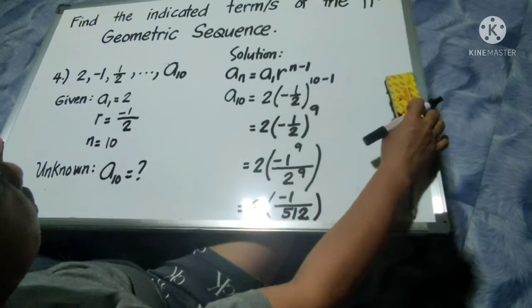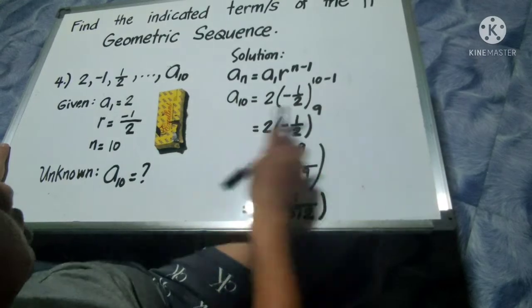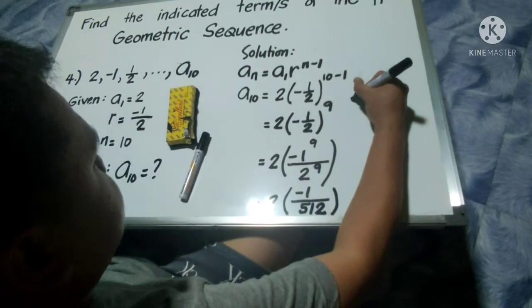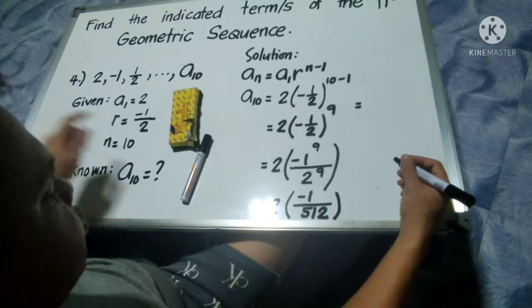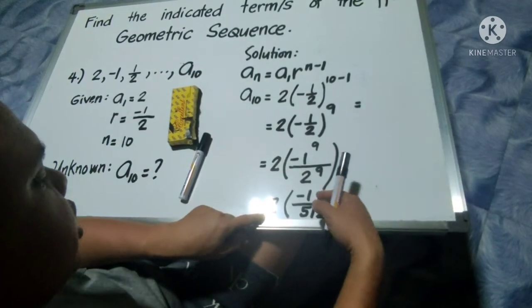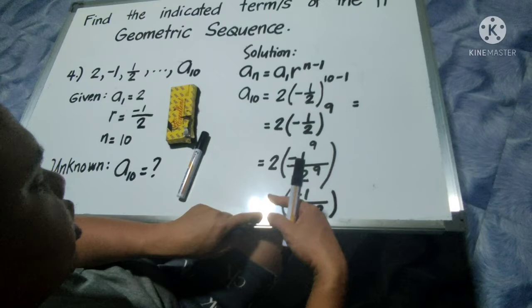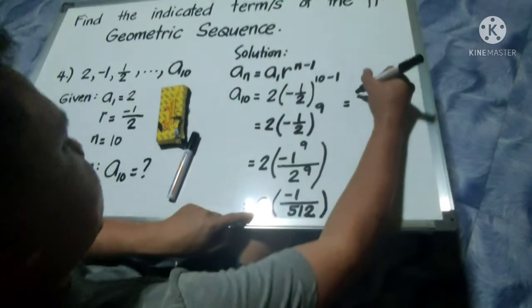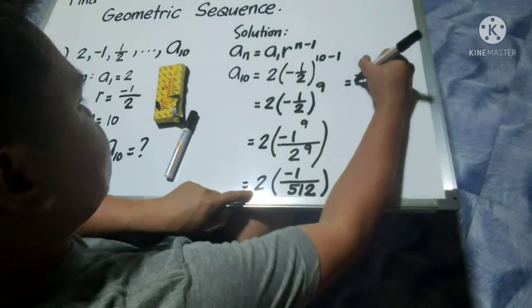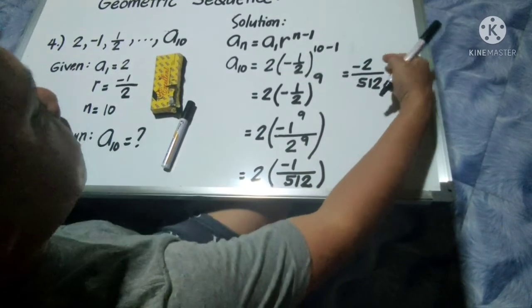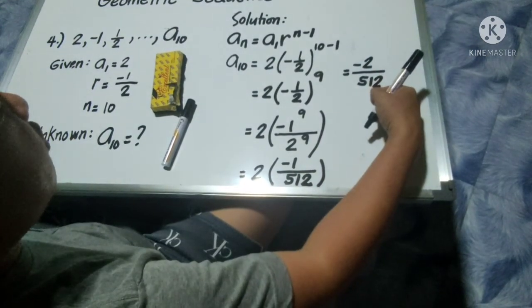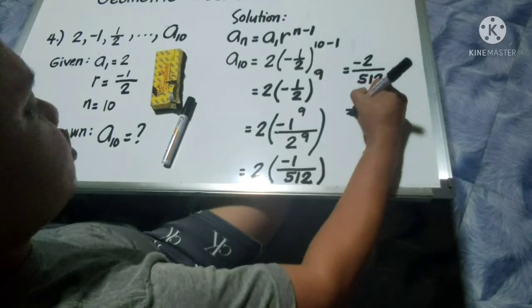Now let us simplify it further. I'll just write here the continuation. You will multiply 2 to the numerator because 2 is a whole number. 2 times negative 1 is negative 2 over 512. Negative 2 and 512 are both divisible by 2.